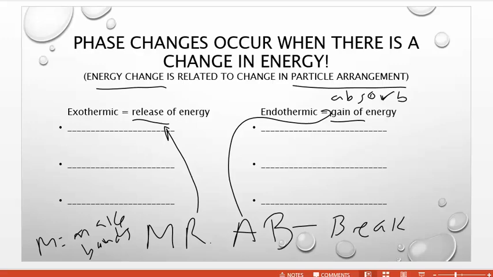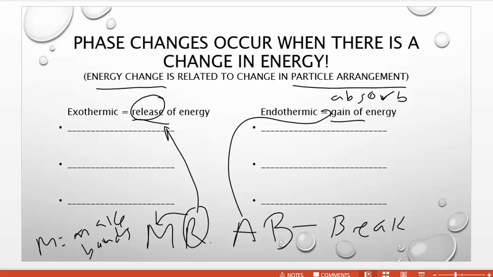Okay, so an exothermic phase change is when you release energy, right? Release energy, and therefore you must be making more bonds or putting things more together.